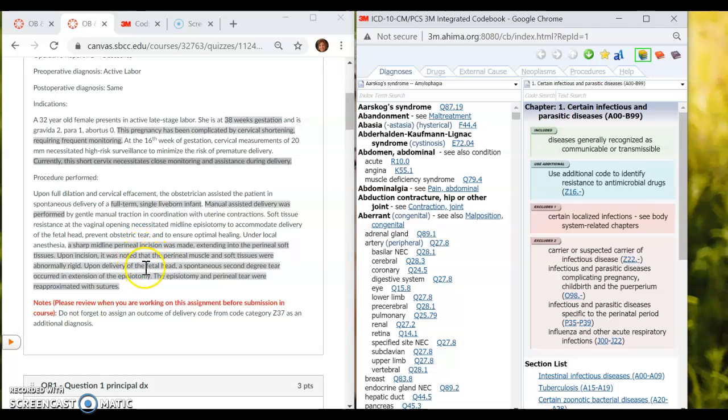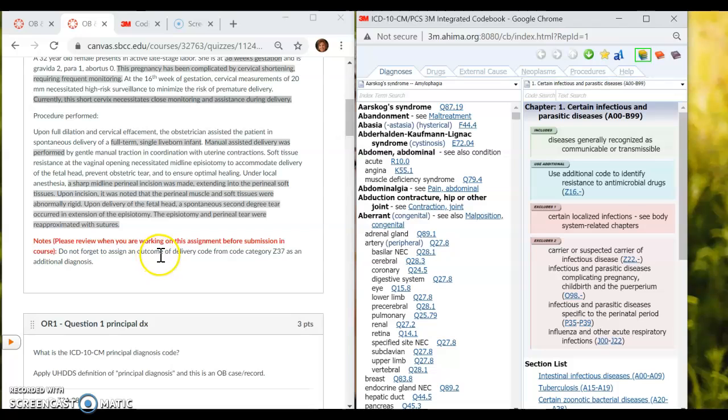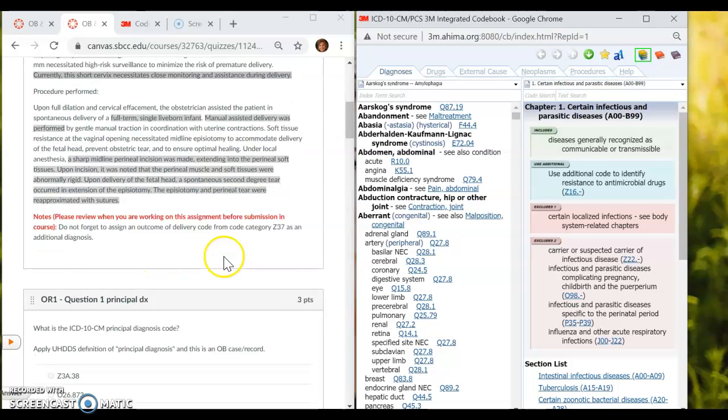With that, it was noted that the perineal muscle soft tissues were abnormally rigid, so delivery of the fetal head. There was a second degree tear. Okay, this occurred in the extension of the episiotomy. So at that point, we had to go in and fix it, or the physician did. Do not forget to assign the outcome of delivery code.